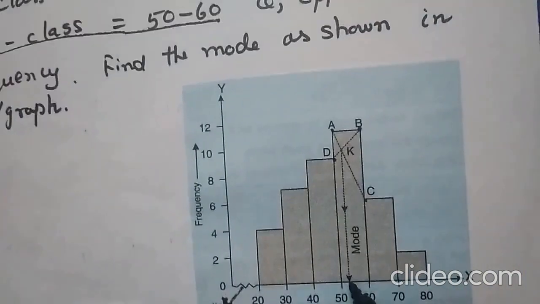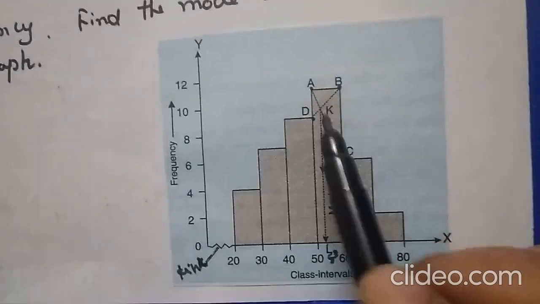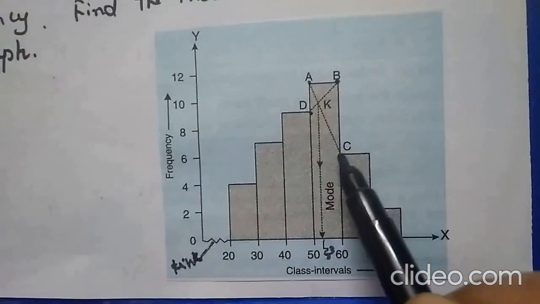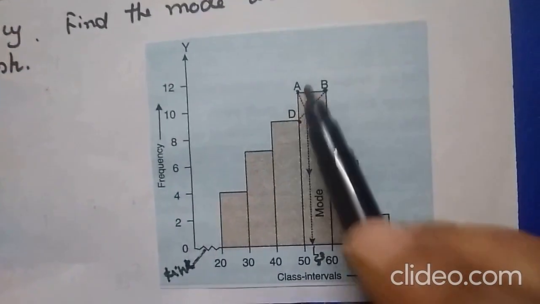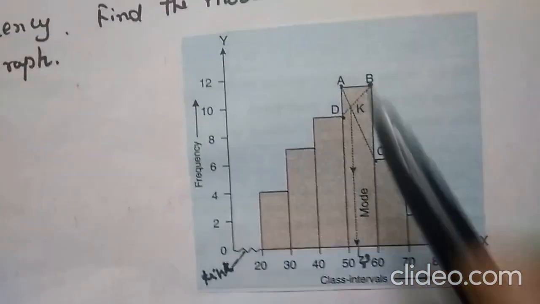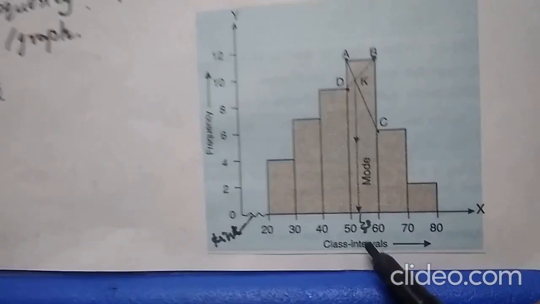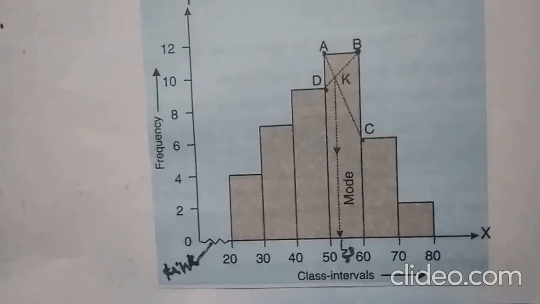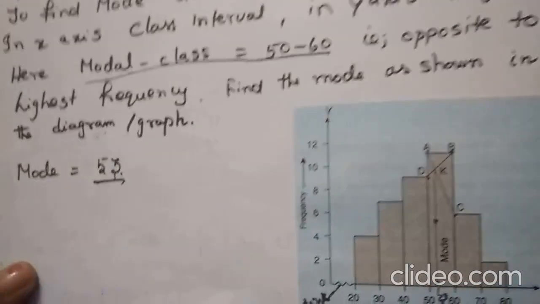Where it intersects the x-axis, that is the mode. It intersects nearly at 53, in between 50 and 60. Therefore, mode is equal to 53.